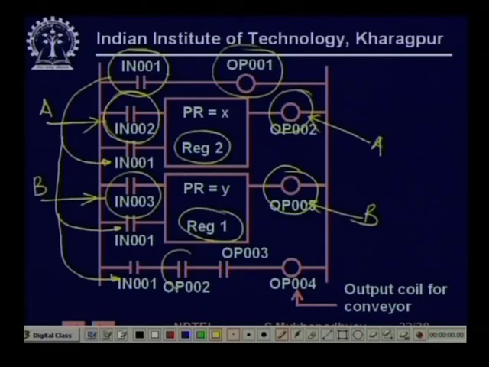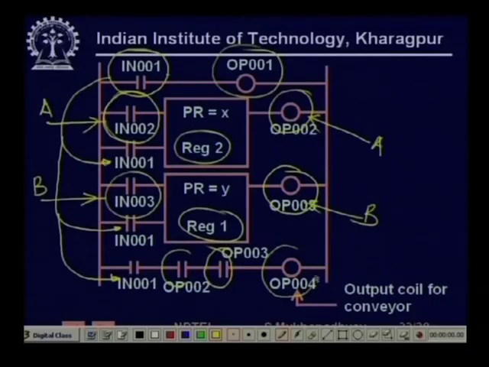So it is in series, OP003. When you put them in series, you want that both of them must reach their preset count values, only then the conveyor will run. If you put them in parallel, it means that if any one of them reaches that preset value, then the conveyor will run. So this is an example where we can use a counter for an industrial problem.